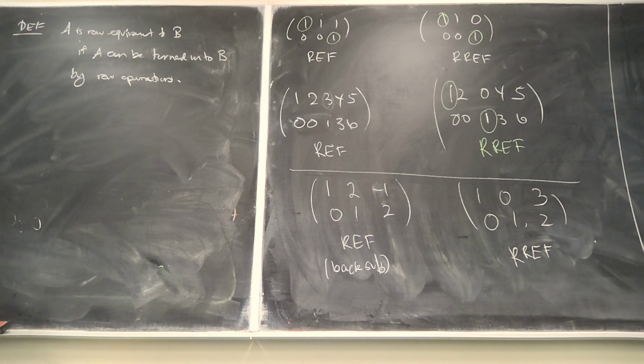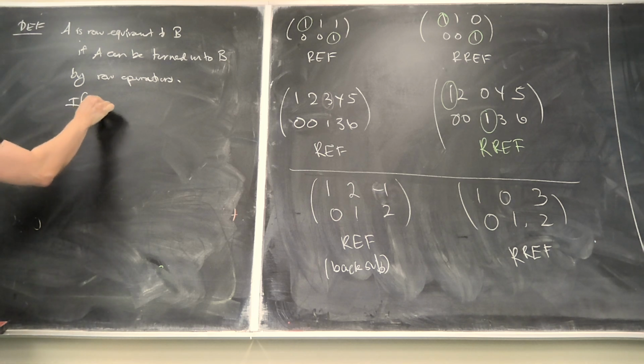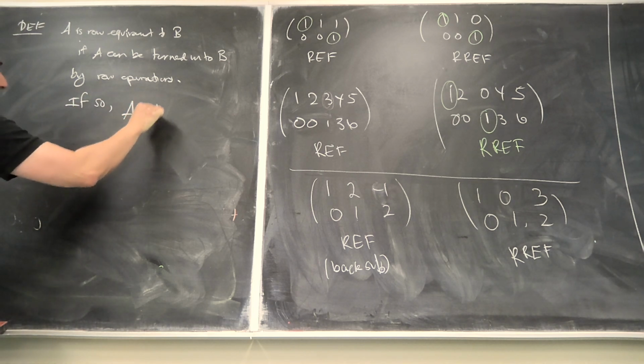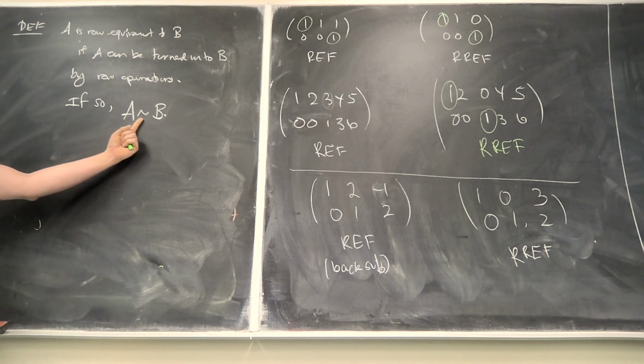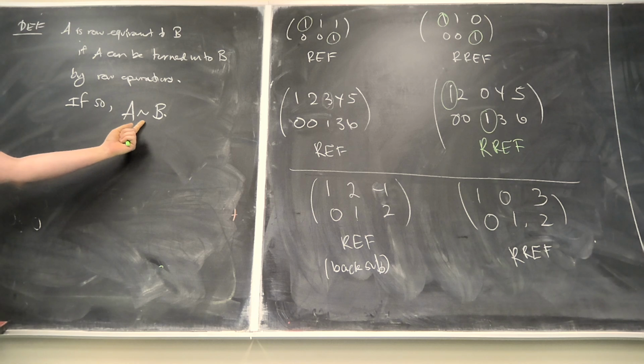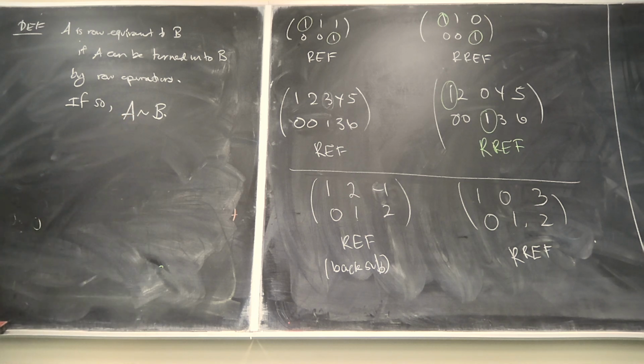If that's true, we write A tilde B. So that symbol, if I write between two matrices, this little squiggly symbol, I mean A and B are row equivalent to each other. I can use swaps, replacements, or scalings to get from A to B.